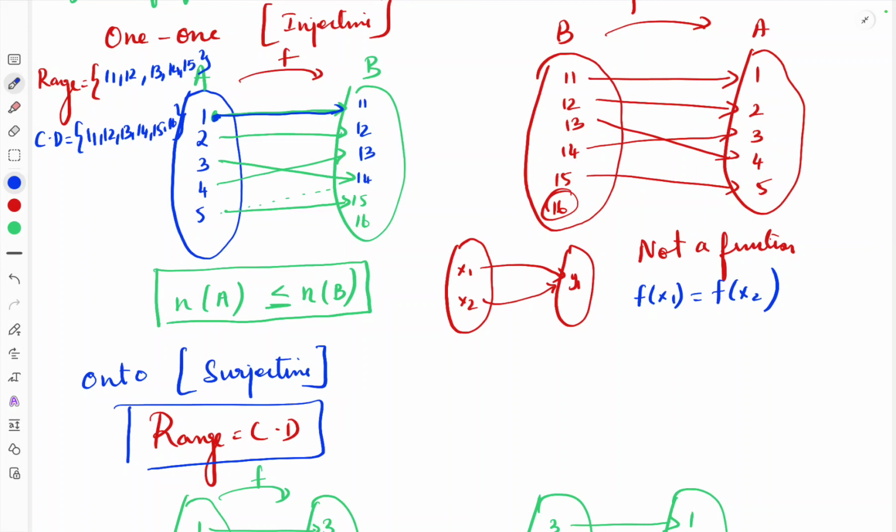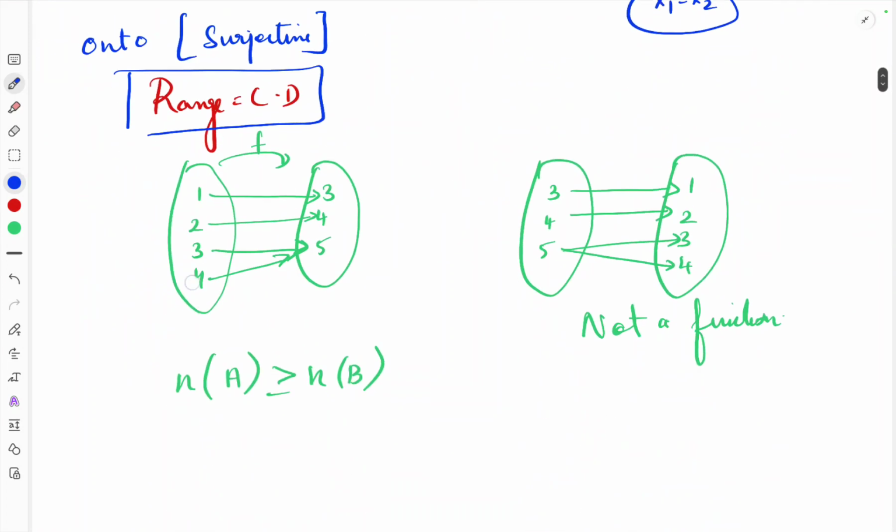If x1 is mapped to y, other than x1, no other element should map to y, which means these two elements are not different, so they are exactly equal. This is what we have to prove. So if f of x1 equal to f of x2, we just have to prove x1 equal to x2.